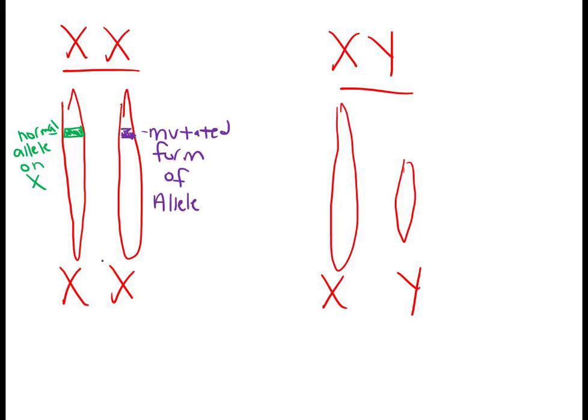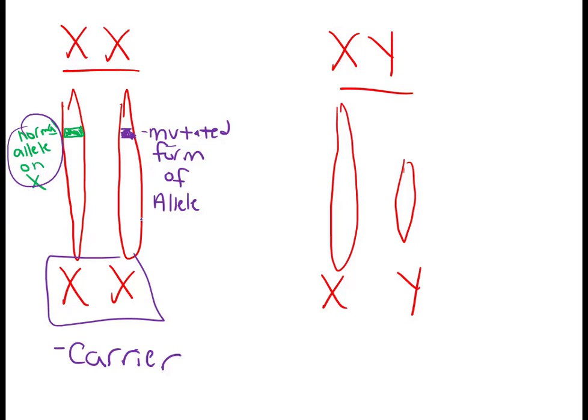Well, remember, if somebody is XX, they have 2 X chromosomes. Normally, the normal allele is dominant over the mutated form. So if this were a case where there's a mutated allele on one chromosome, this normal one would mask the mutated form. So basically, this person may be a carrier of a disorder because they have one mutated allele, but their other one masks the mutation.